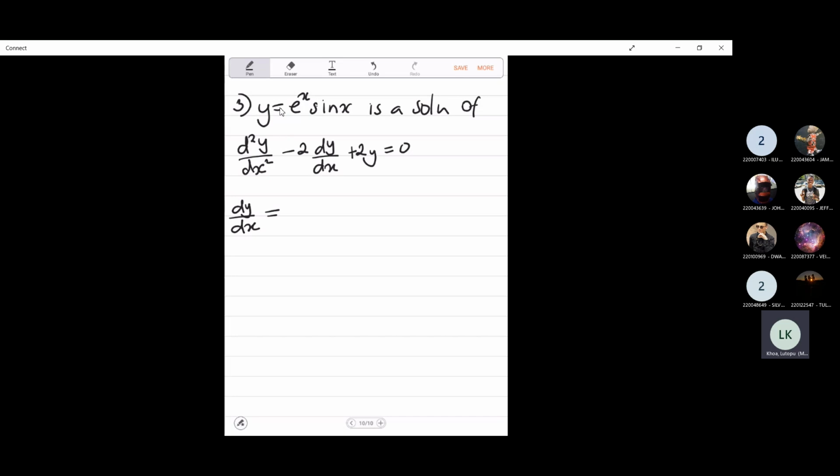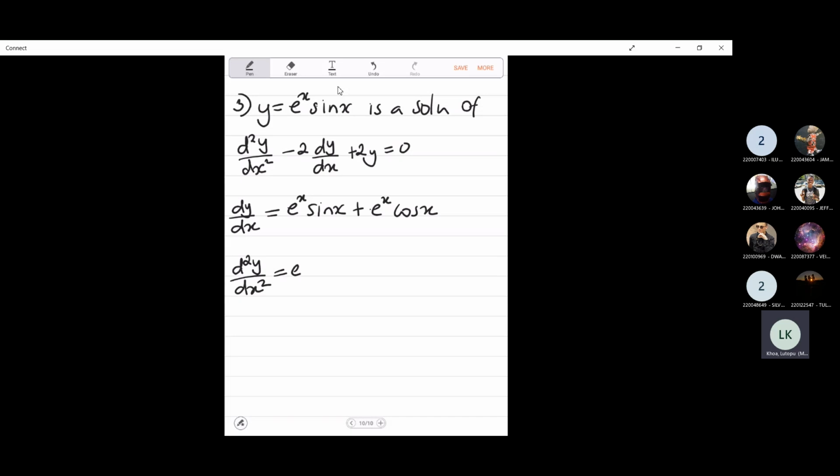This is just the derivative of that one, and to work that out, we use the product rule. So this is e to the power of x multiplied by sine x, plus e to the power of x multiplied by cos x. And then we also need the second derivative, which we're going to substitute here. So we have d2y/dx2. The derivative of e to the power of x sine x is this whole thing over here, because that's what we differentiated.